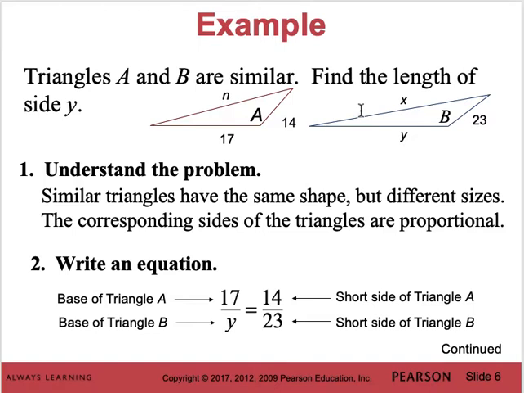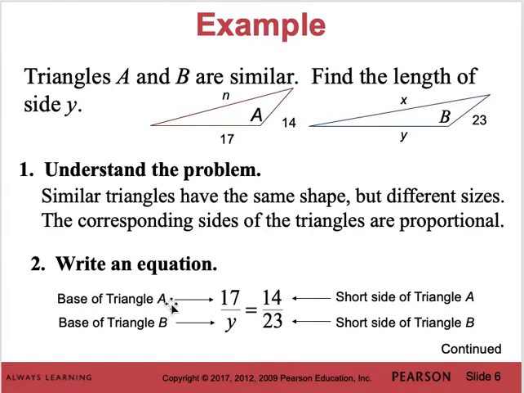Centimeters, inches, we don't know. And then the longest side of our triangle, which our angle opens up to, is n and x, and our angles are equal to b. So corresponding sides, we want to look at the bottom of each, the side of each, and the hypotenuse of each triangle, and write them similar to each other.